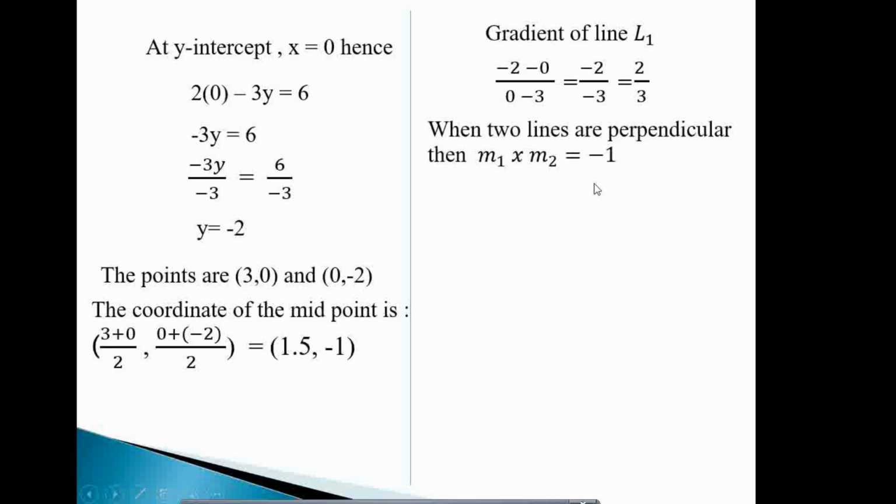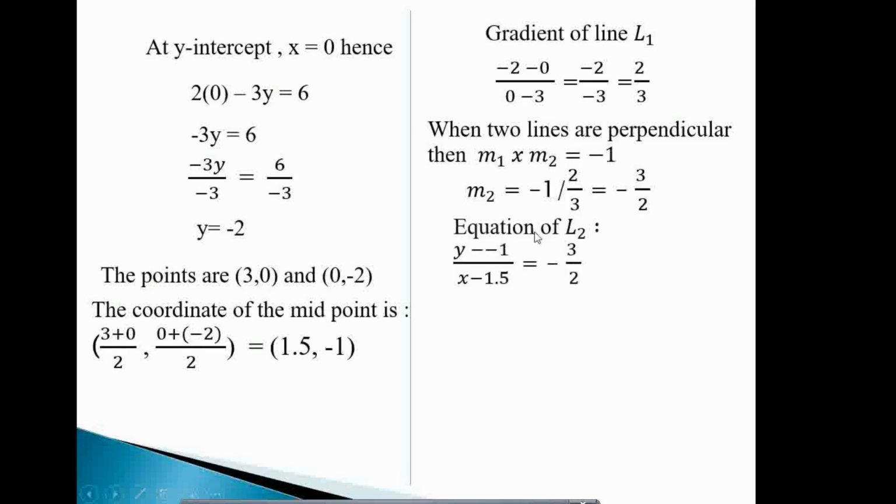Now when 2 lines are perpendicular, the product of their gradients should always give us -1, because those 2 lines are perpendicular. If you take the gradient, which is 2 over 3, we substitute it as our first gradient, and we get m2, which is simply -3 over 2.